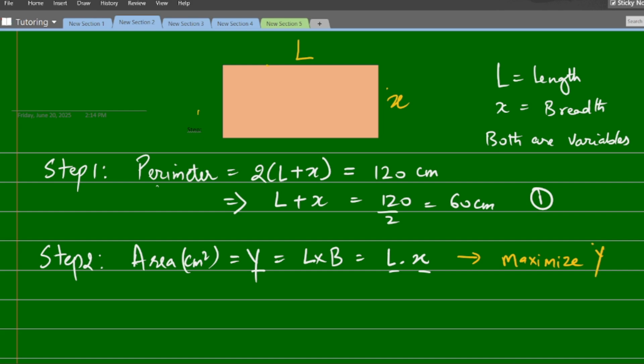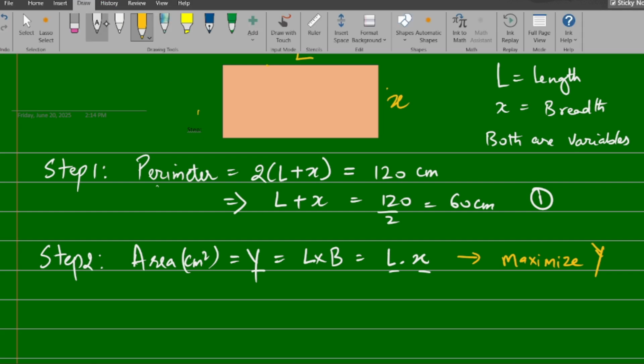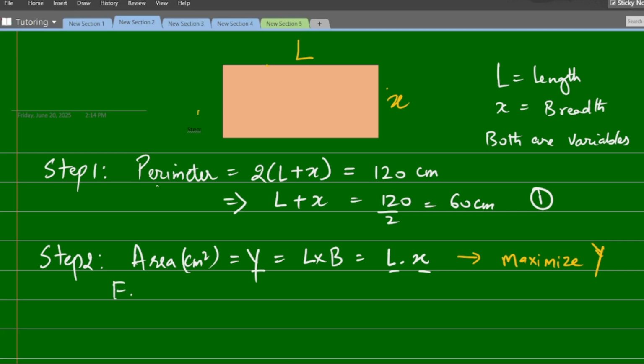In order to do that, we'll have to reduce one variable, either L or X. So what I'm going to do is, from 1, L plus X is equal to 60, or simply L is equal to 60 minus X.